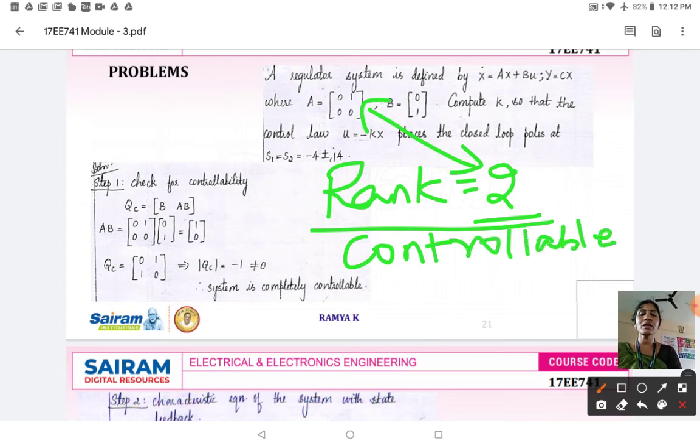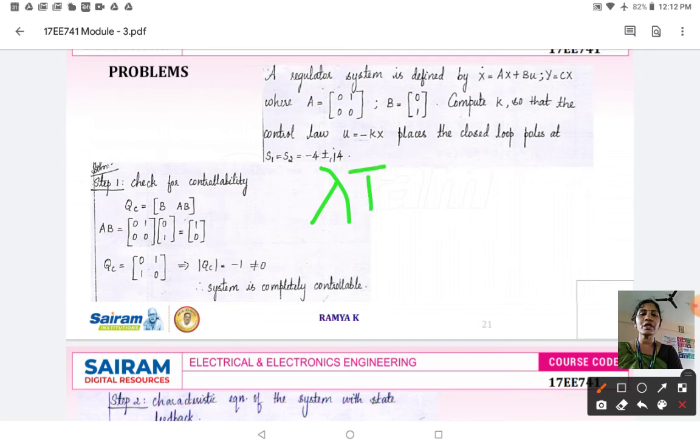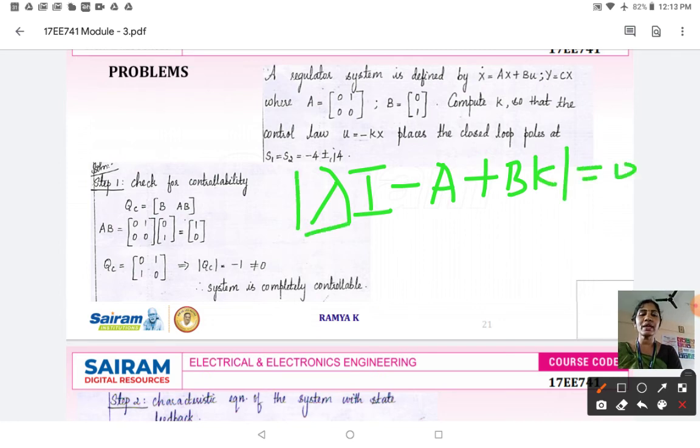Once the controllability matrix is identified for this problem, I have to identify the characteristic polynomial equation using determinant of lambda I minus (A plus BK) equal to 0. Lambda is a factor and I is your identity matrix whose order is equal to the order of matrix A. A is the matrix given in the problem, B is also the matrix given in the problem, and K we can write as K1, K2.